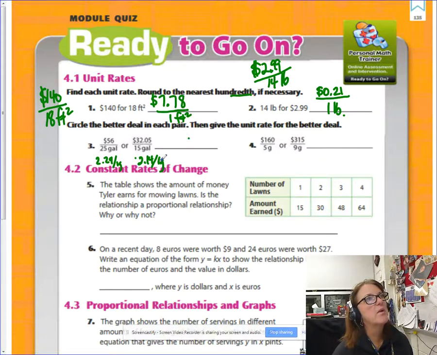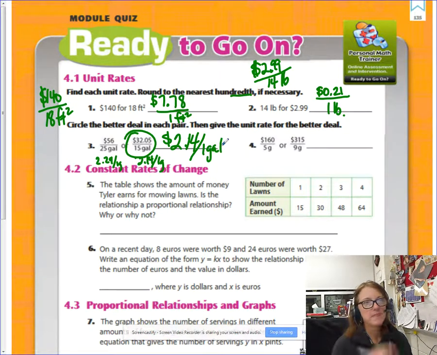All right, now I'm on equal footing because I'm comparing how much per 1 gallon. This guy's cheaper. On the line, write $2.14 per 1 gallon. Okay? Same thing over here. $160 for 5 grams. Do that division.